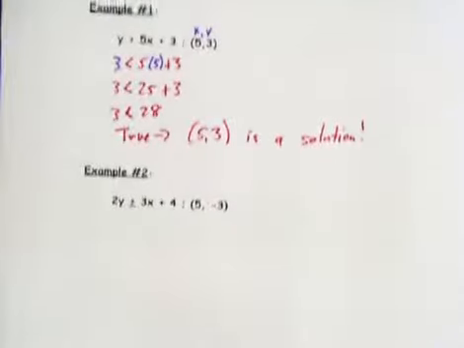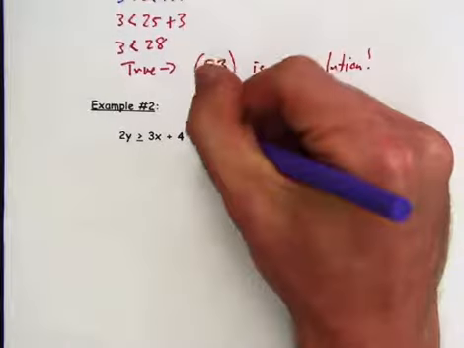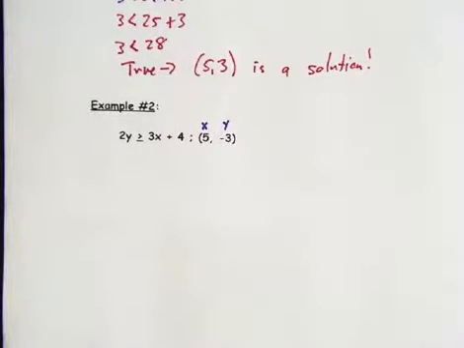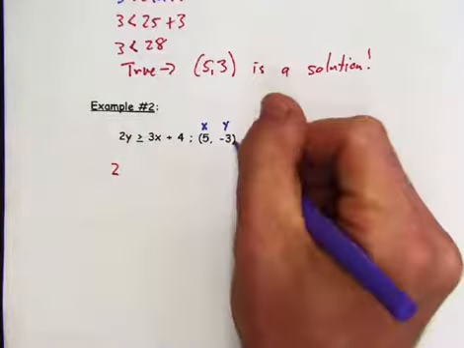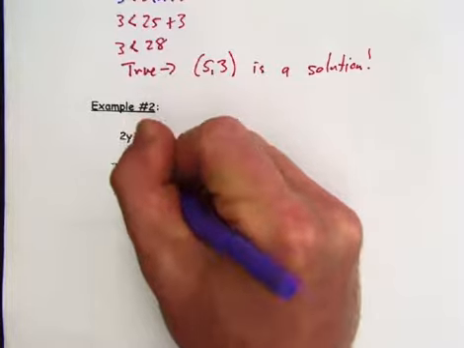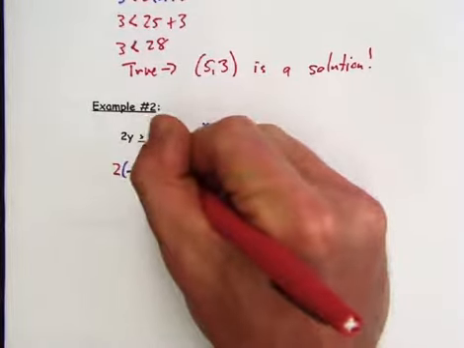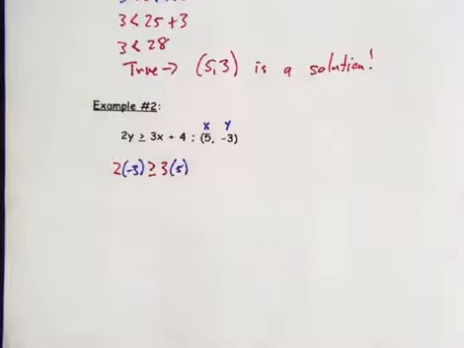Let's go down to example 2 at the bottom. We have 2y greater than or equal to 3x plus 4, and our ordered pair is 5 comma negative 3. So once again, we're going to plug it in. I'll use colors again, just to be a little bit clearer. 2 times y, which is negative 3, right? So 2 times y is greater than or equal to 3 times x, which is 5, plus 4.